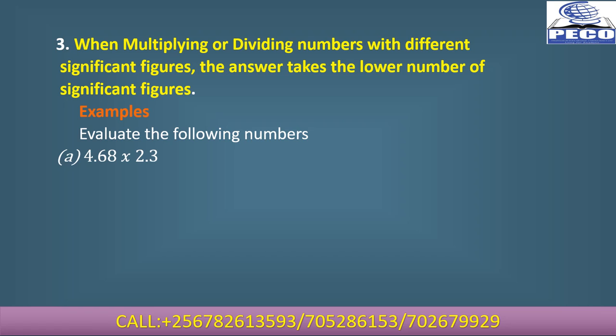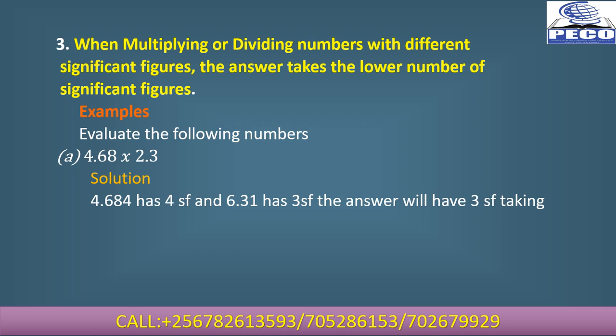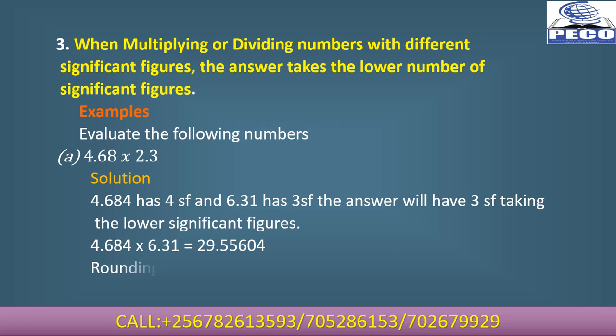Now, I want to say 4.68 times 2.3. Now this first value has 3 significant figures, and this second value has 2 significant figures.